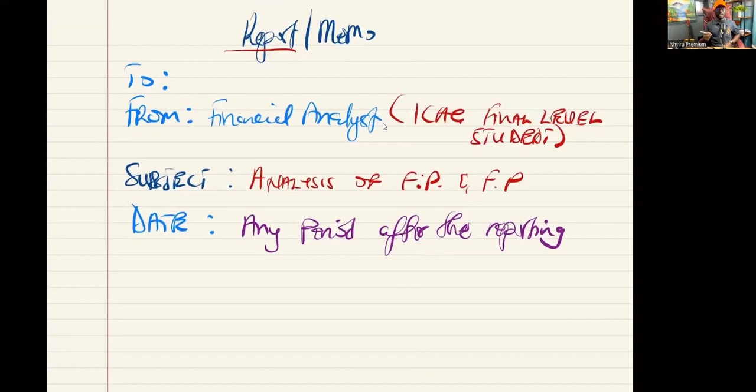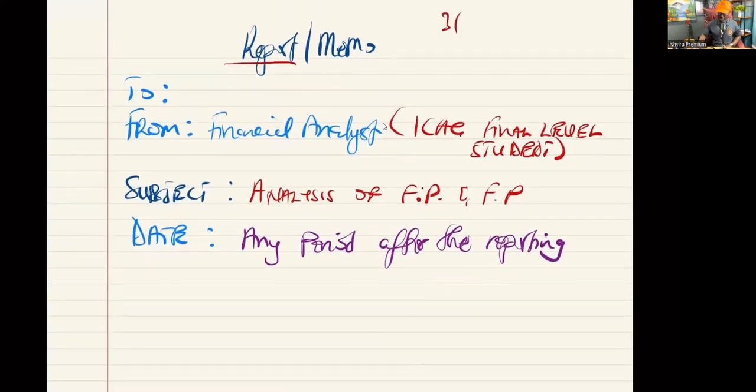So any period means that if the year ended is 31st December, say 2021, then definitely you will be writing the analysis anywhere after 31st December 2021. So you may choose a date and say maybe 14 February 2022. That's when you were writing the report on Valentine's Day. So the date should always be any period after the reporting date.